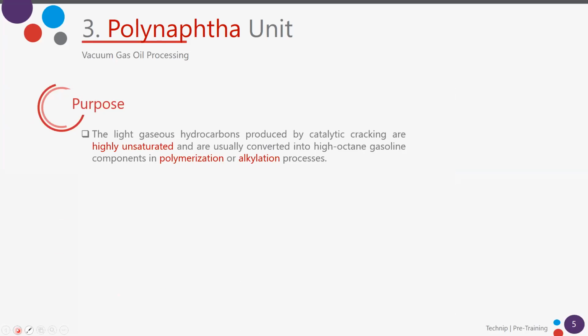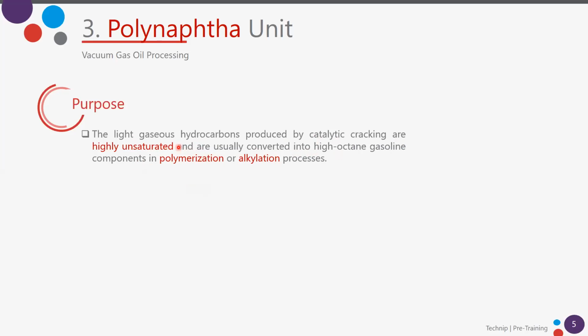Let's talk about the purpose of the unit. The light gaseous hydrocarbons produced by catalytic cracking are highly unsaturated. Remember that we saw last week that in the FCC, the fluid catalytic cracking, we don't have hydrogen, so the products that we get from this unit are highly unsaturated and are usually converted into high-octane gasoline components.